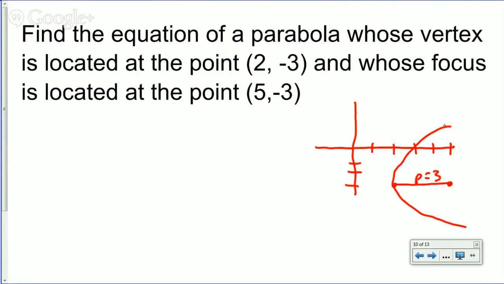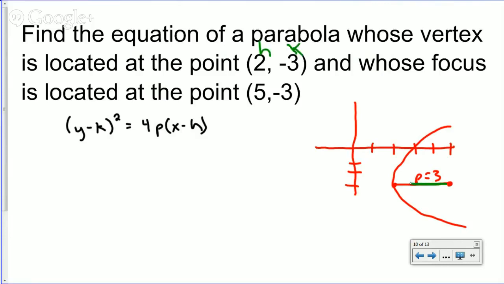Okay, since it's opening to the right, and it's not at the origin, I've got y minus k squared equals 4p times x minus h. Okay, that's the basic equation that I'm going to use. Well, I know what h and k are. That's simply the vertex.